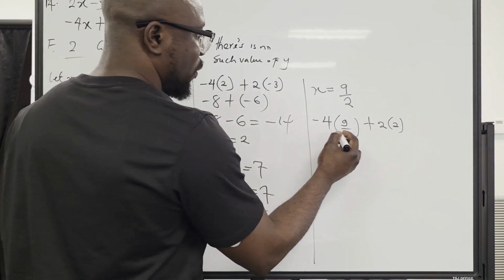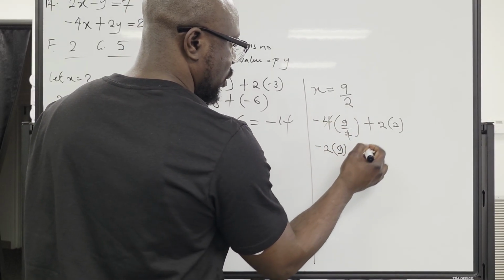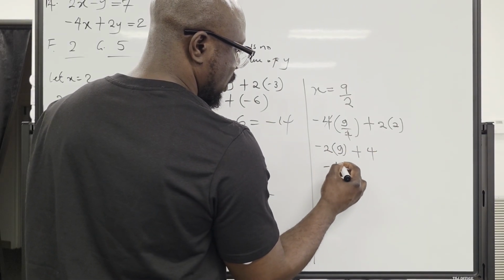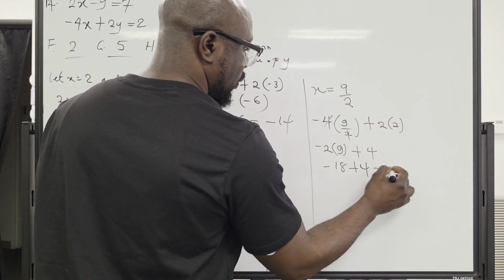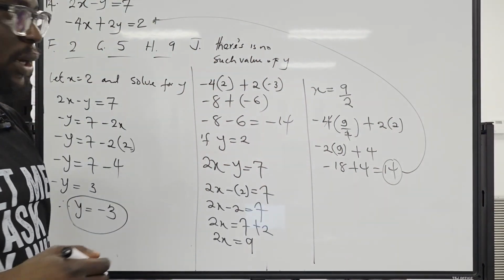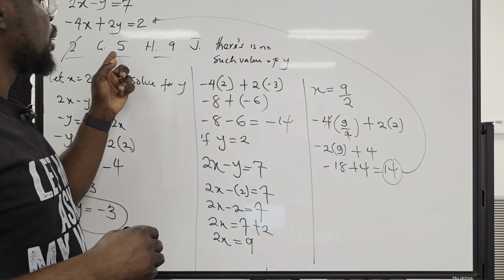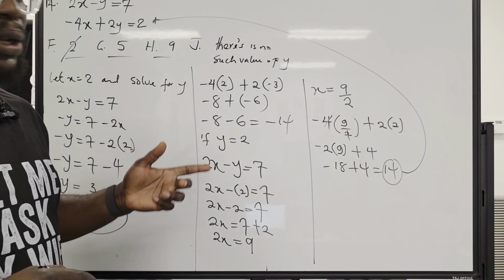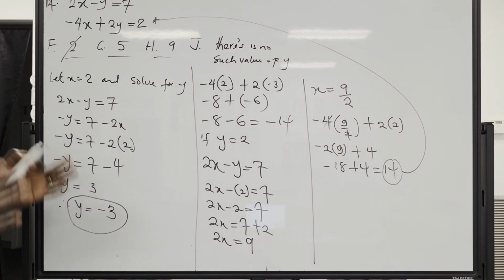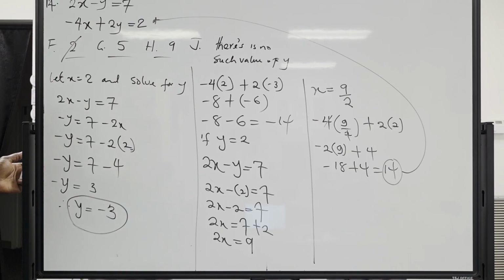Minus 4 times 9 over 2 is minus 18, plus 4 gives us minus 14. So this number is different from the 2, so it makes no sense. You can do the same for 5 and see if you get the same value. If you don't, it does not make any sense. So that is one way to get your answer quickly. Let's do the second way.